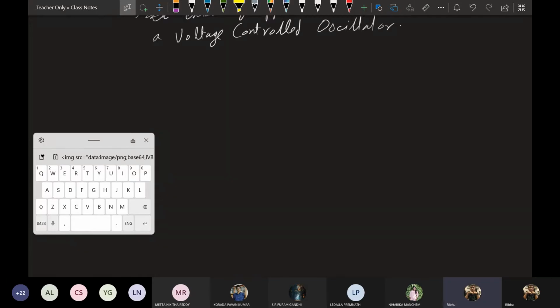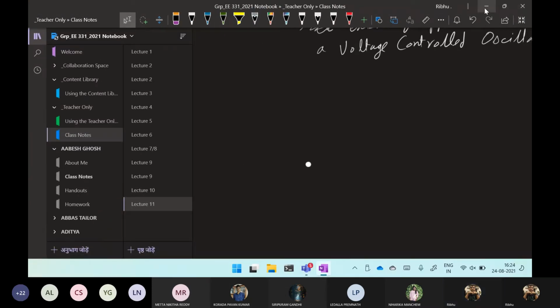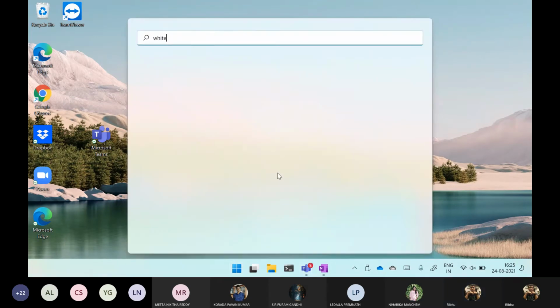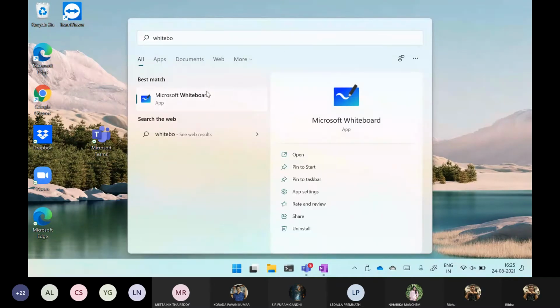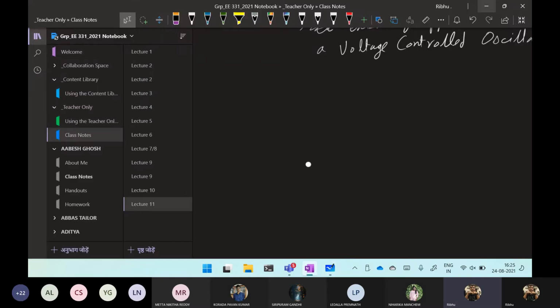Hold on a second. Since OneNote is misbehaving today, let's move to whiteboard. We're just moving to whiteboard because OneNote is misbehaving.